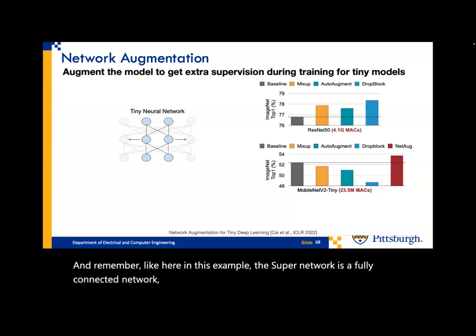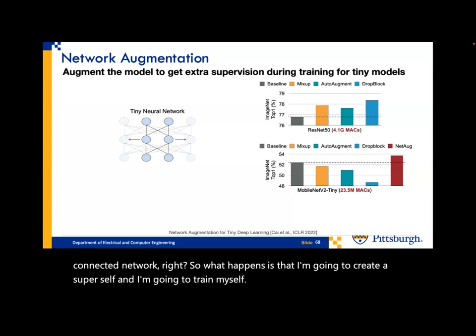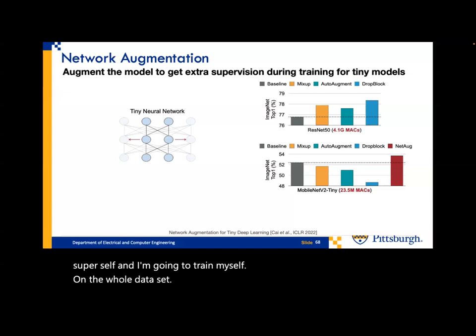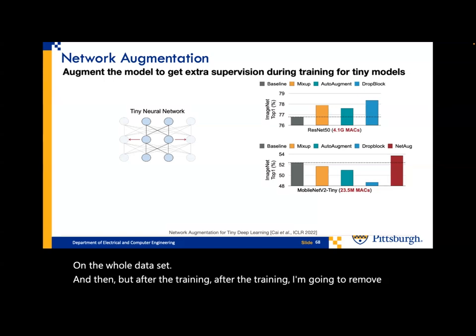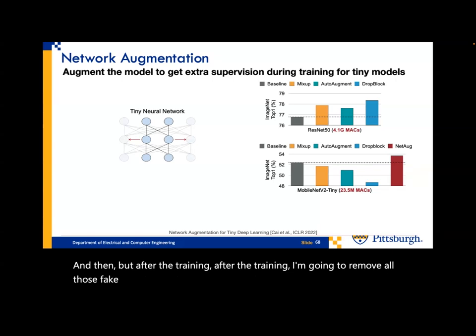So what happens is that I create a super self, and I train it on the whole data set. But after the training, I remove all those fake nodes and left with just myself.